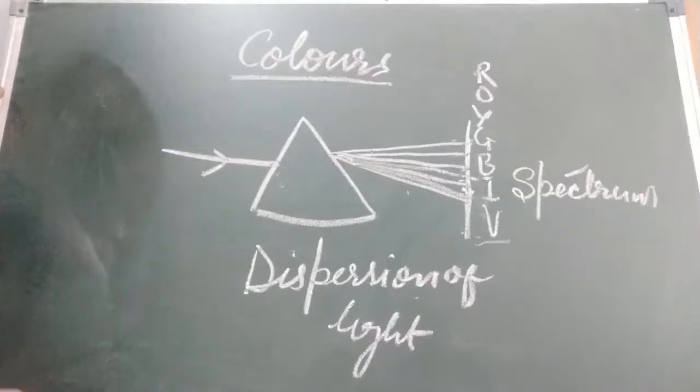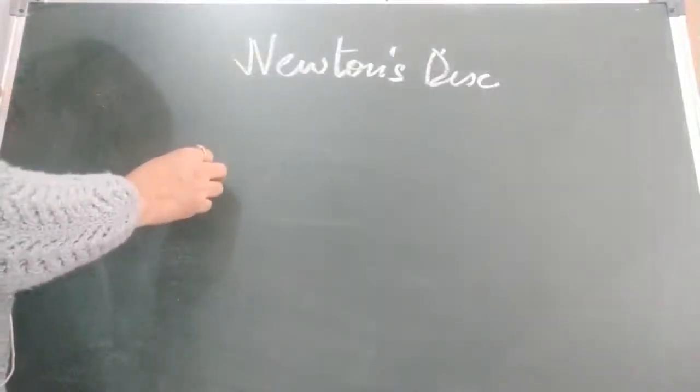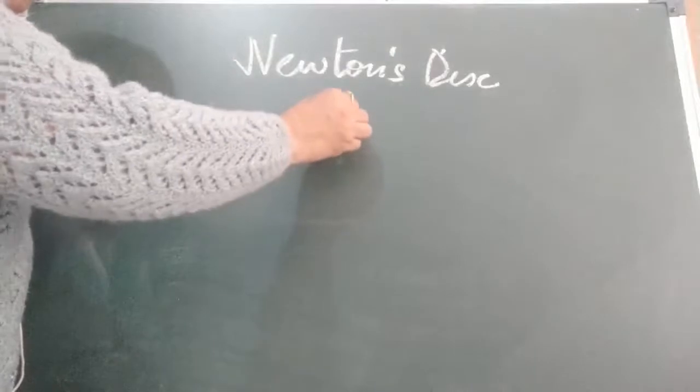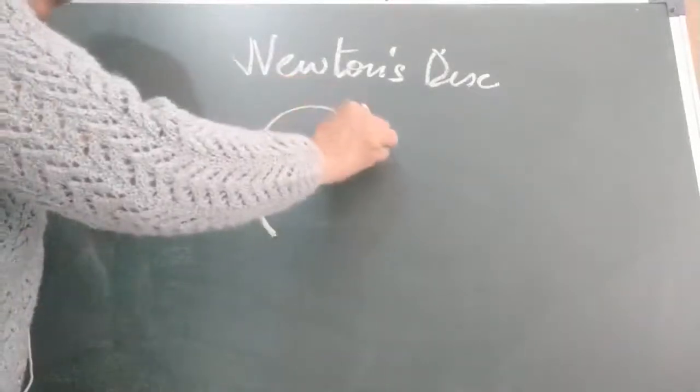Now, what is Newton disk? Children, it is very important for you to know what Newton disk is. Newton disk is a colored disk which is painted with the constituent colors of white. You can do this experiment in your home.